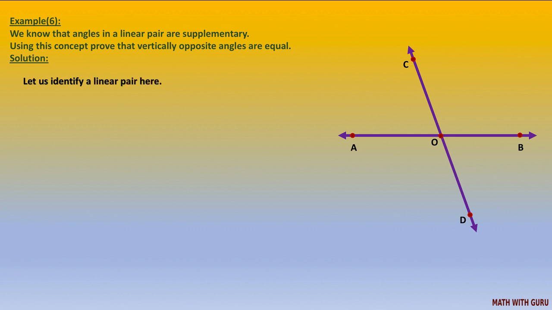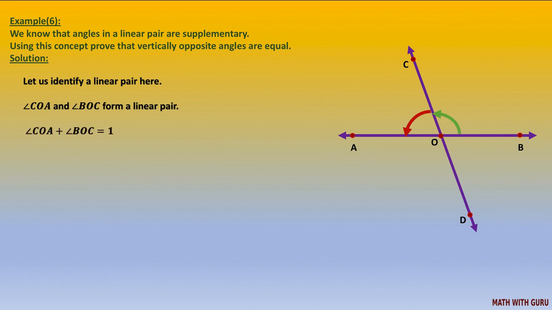First, let us identify a linear pair here. Angle COA and angle BOC form a linear pair, that is angle COA. This is angle BOC. They form a linear pair, don't they?